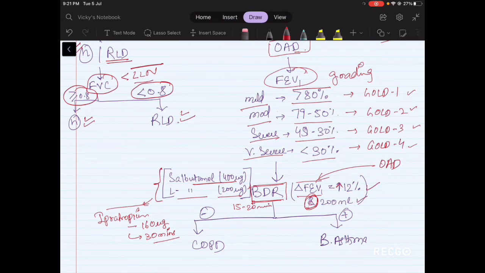So if bronchodilator reversibility is present, that is, a 12% increase in FEV1 is there and a 200 ml increase is also there, then we label the patient as bronchial asthma. And if it is not there, then COPD, right? In children, we usually assume only FEV1 as 12%, and 200 ml is not taken over there. So in case of children, we only take increase in FEV1 by 12%, right?